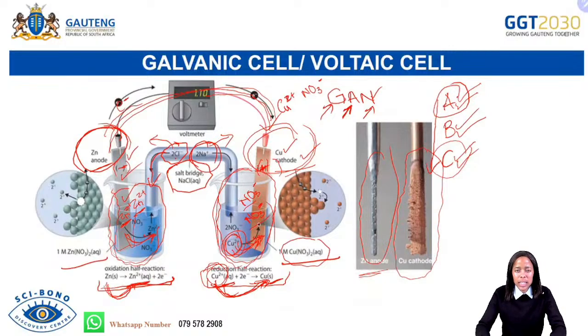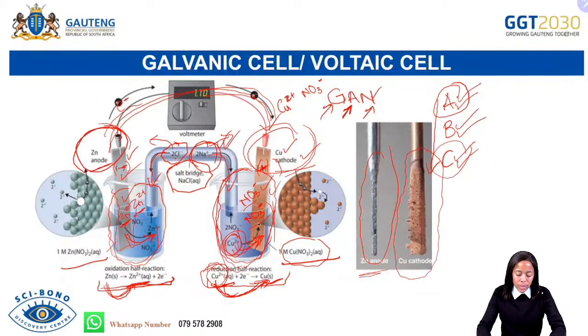By bringing in the sodium ions. So the cations, which are positively charged, are going to migrate to the copper electrode. Why? Because now we have a buildup of the negative charges at the electrode.